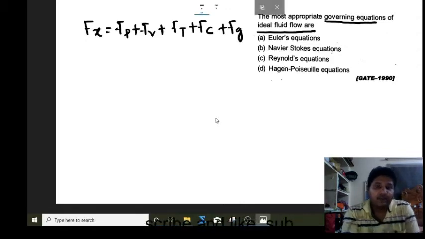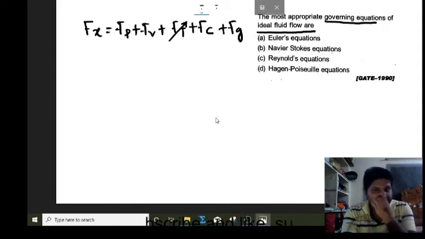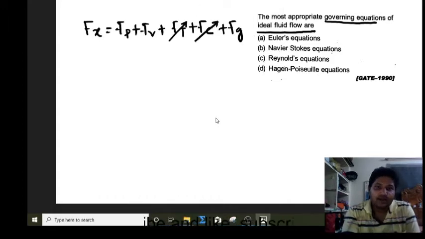If you remove the turbulence force, that is called the Reynolds equation. If you remove the compressibility force, the equation is called the Navier-Stokes equation. And if you remove the viscous force, the equation is called the Euler equation.